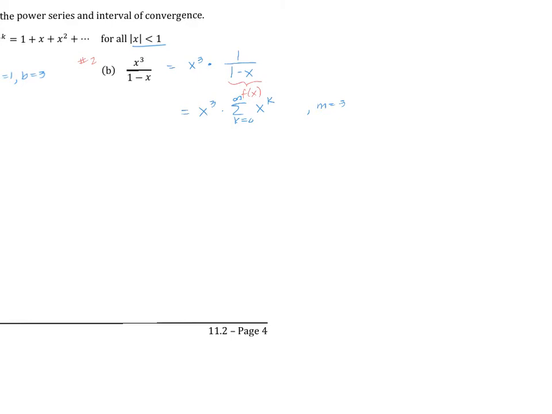Notice that if I add m to any of the k values, and here I'm starting with k equal to 0, then m plus k is always greater than or equal to 0, right? Because I'm starting with k equal to 0, and then the k's just get larger and larger. M is always equal to 3.